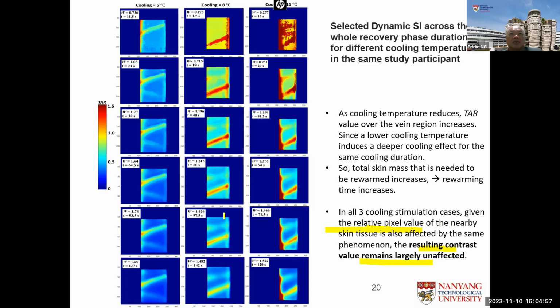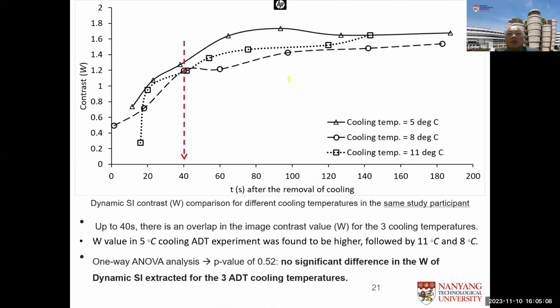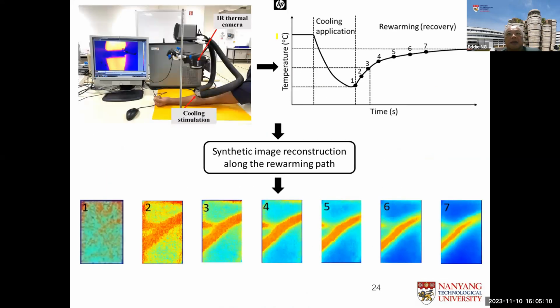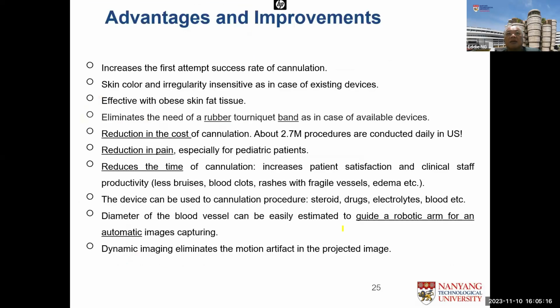You can see, the cooling air at 5 degrees C, 8 degrees C, 11 degrees C, all this is not a primary issue. But this I have mentioned just now, starting time, you can see the contrast is good, right?